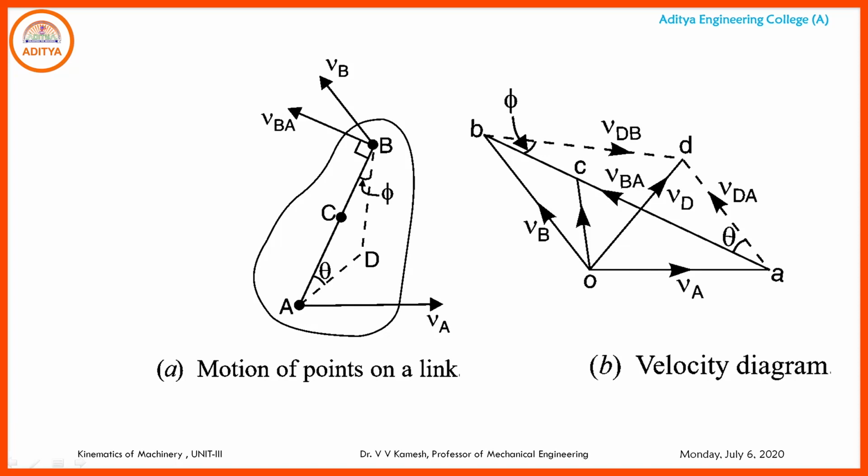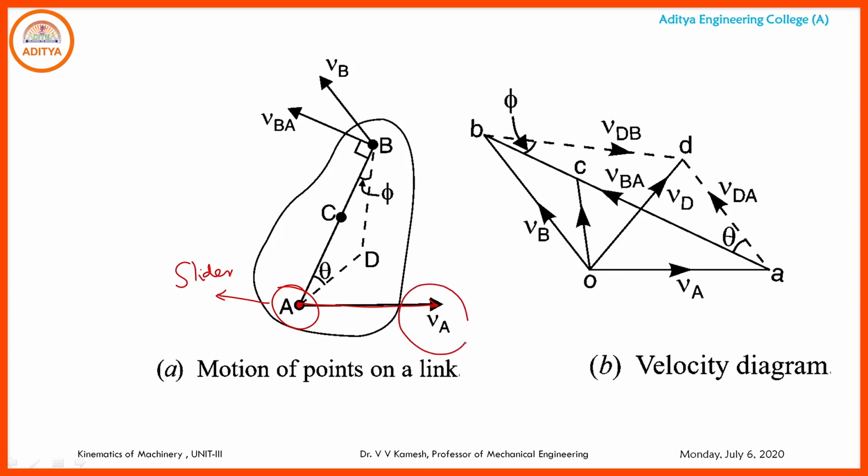So the velocity of A, VA, is known to us. Initially the velocity is given in the horizontal direction. That means point A may be a part of a slider. That means it is moving like this. Then the velocity of A will be in the horizontal direction, VA.